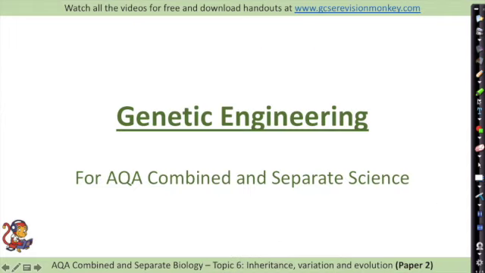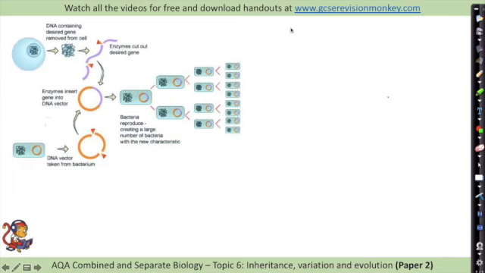The last thing that we're going to look at is genetic engineering. In this process, really for foundation, all that you need to know is that a gene is cut out of one organism and inserted in another.